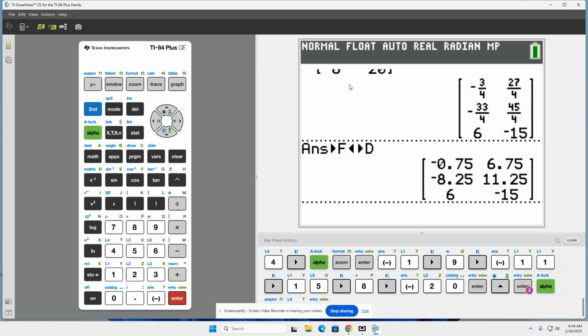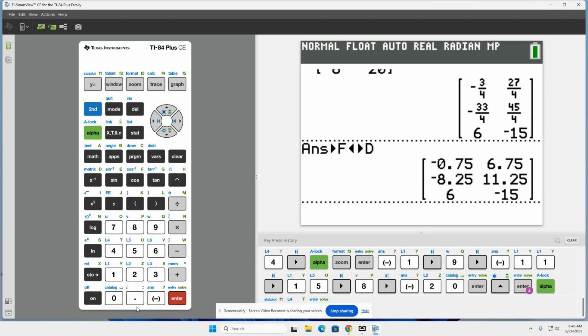And let's say I don't like seeing it like this, -3/4 and 27/4, and I wanted to change that whole thing to decimals. There it is. -3/4 is -0.75. 27/4 is 6.75. So if you like the look of these decimals better, feel free to change this to a decimal.